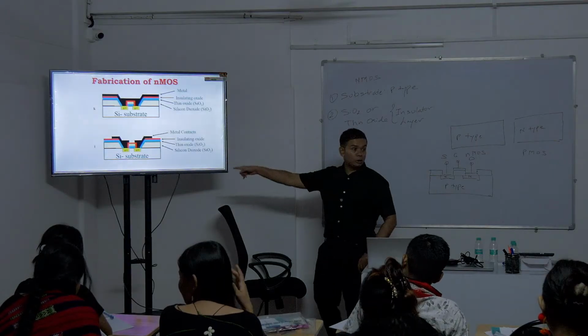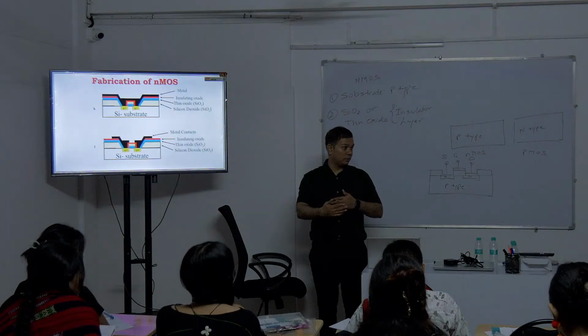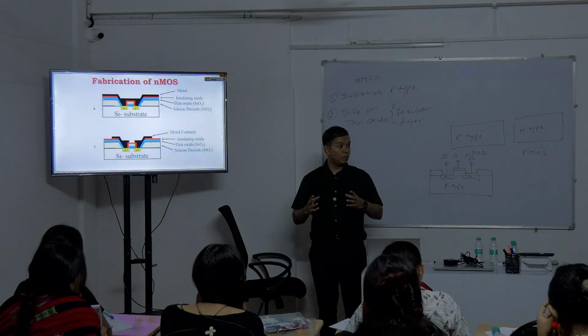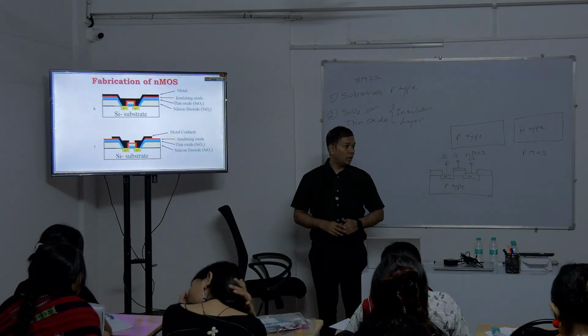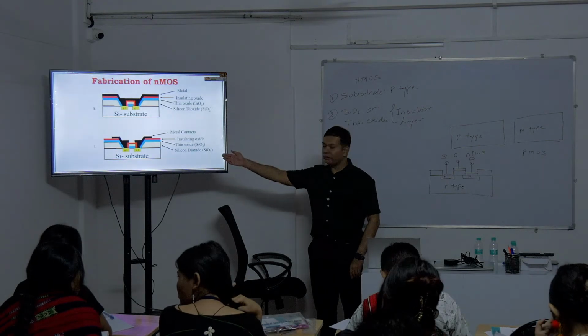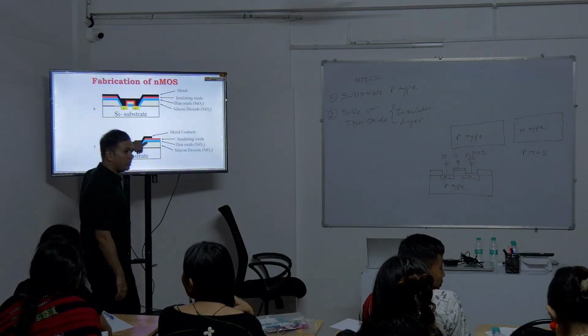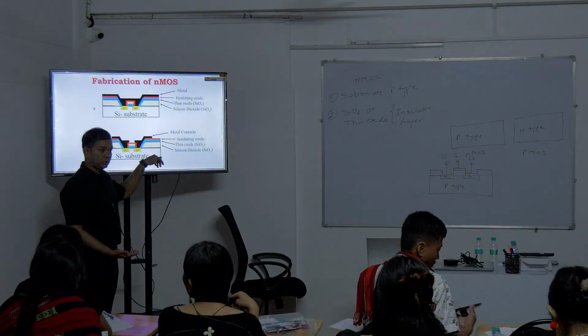NMOS is one device and PMOS is another device. We need NMOS, we have PMOS, because we need to use a different substrate, and also all these doping concentrations will be different for the PMOS.